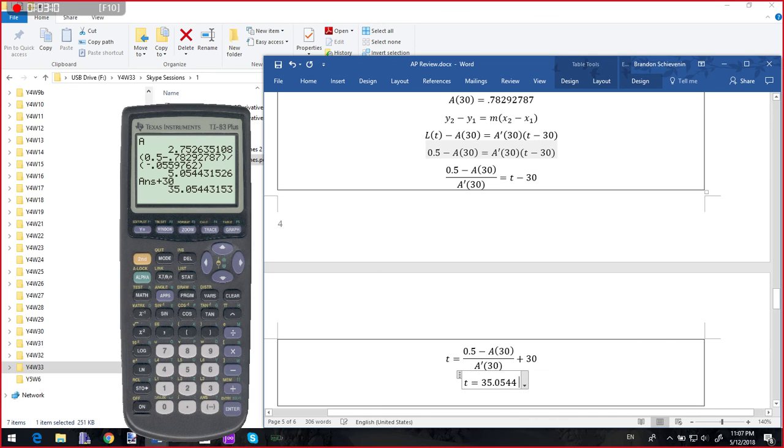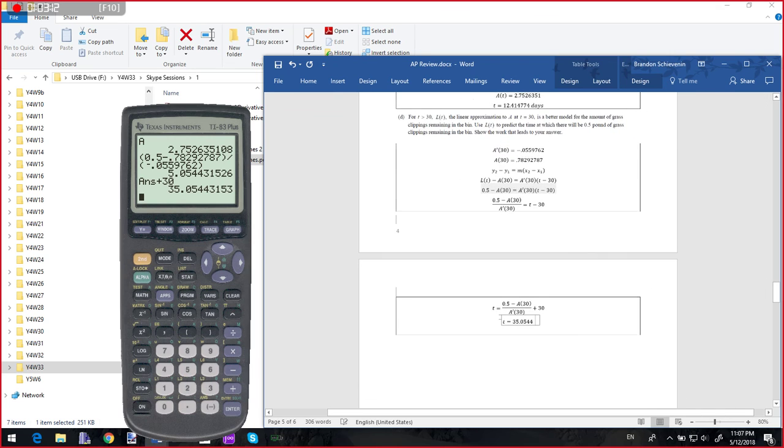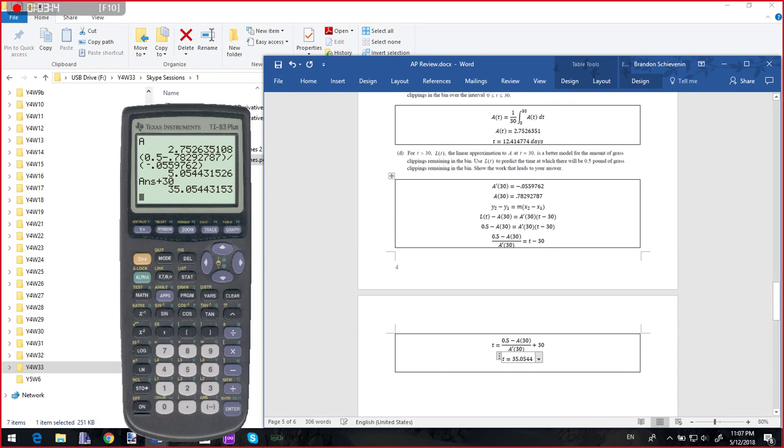What are my units? Days. Okay, so after 35.0544 days, there will be 0.5 pounds of grass clippings remaining in the bin if we use our tangent line approximation.